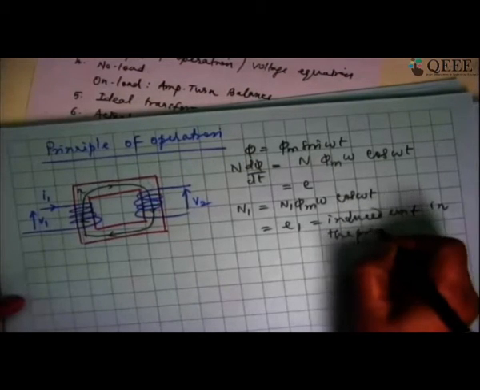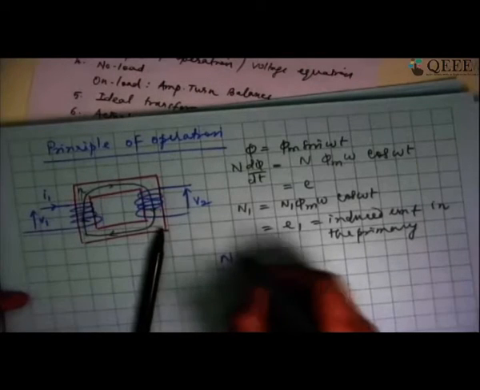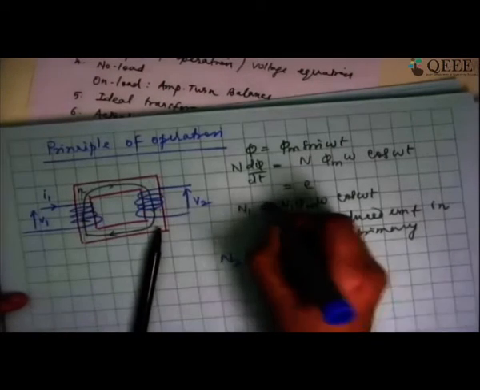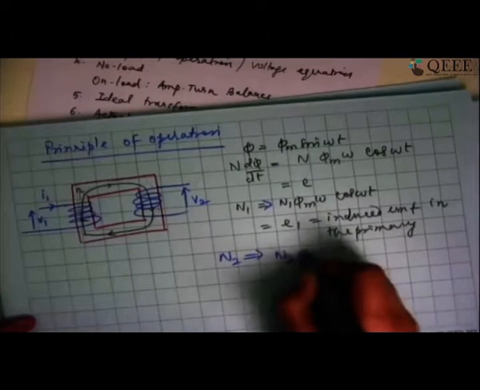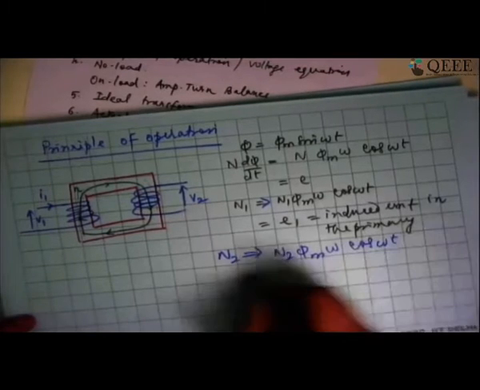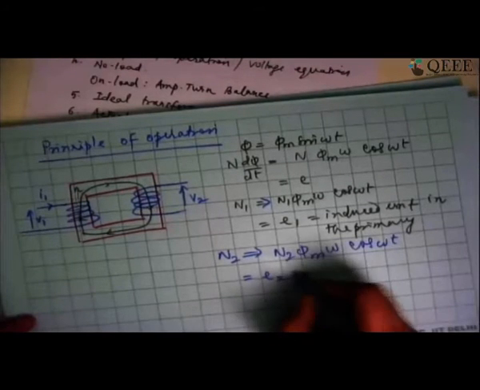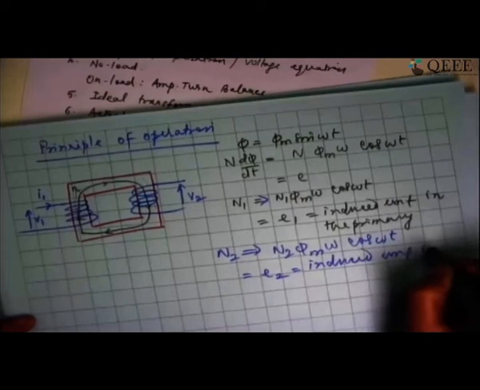If I replace N1 by N2, where N2 is the number of turns in the secondary, N2 phi m omega cos omega t will be equal to E2, the induced EMF in the secondary.